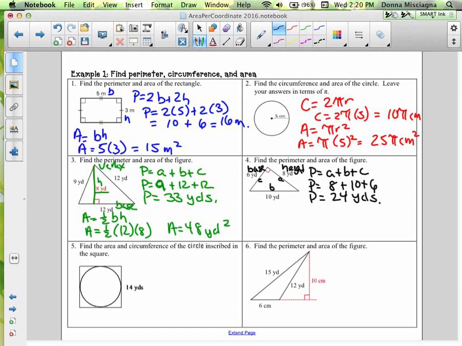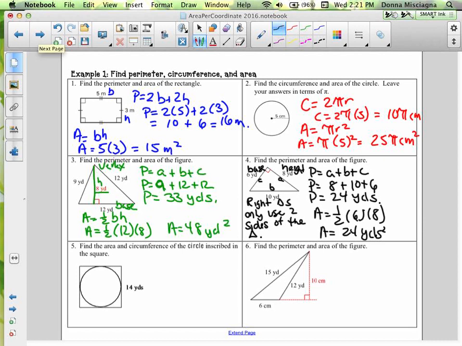Right triangles only use 2 sides, and they're never the hypotenuse, because the hypotenuse is opposite the right angle. It's the 2 legs. So the area here is 1/2 times 6 times 8. Half of 48 is 24 yards squared.